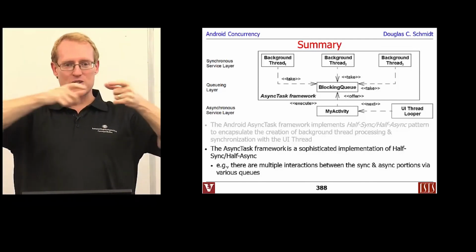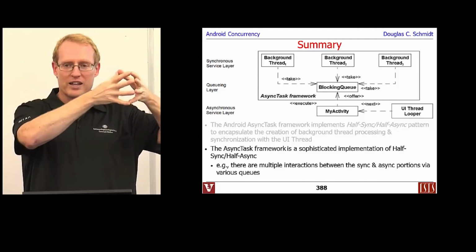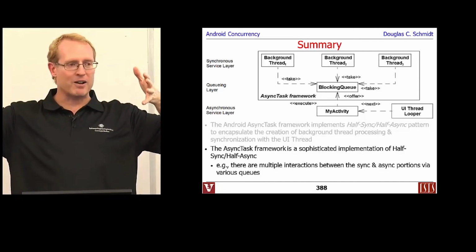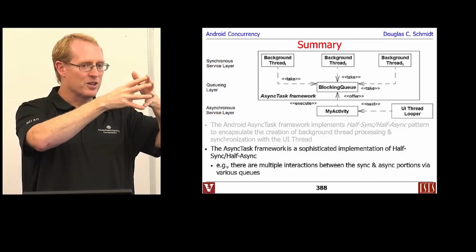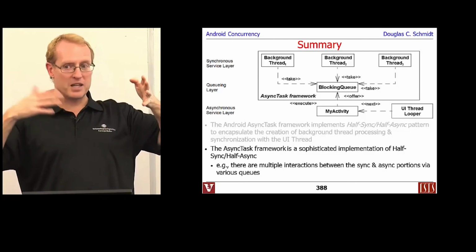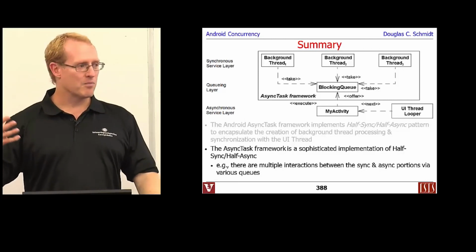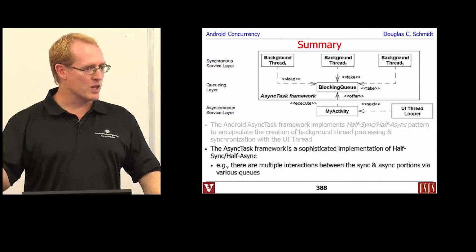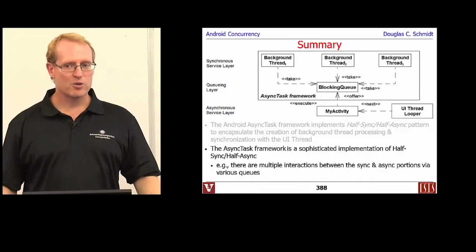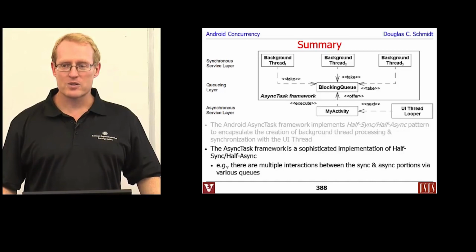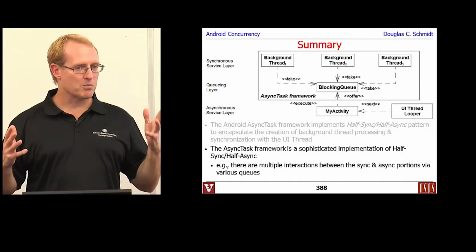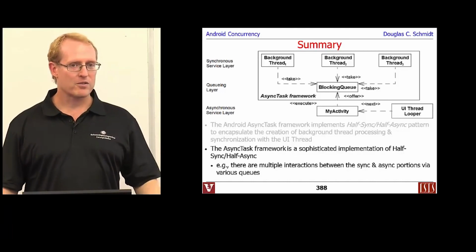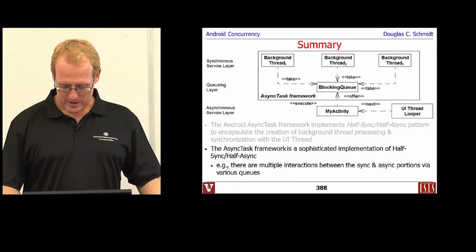So we're not just having one-way communication. We're talking from the activity to the background thread, and then from the background thread to the foreground thread, and sometimes, as with the post-progress stuff, that happens multiple times. You keep calling back and forth for the duration of the call. So there's multiple points of interaction between background and foreground threads, or UI threads.